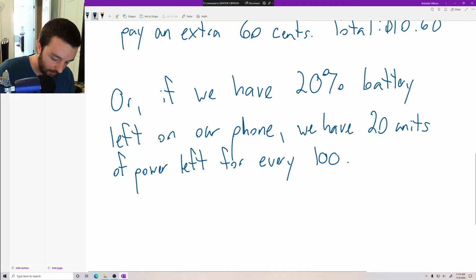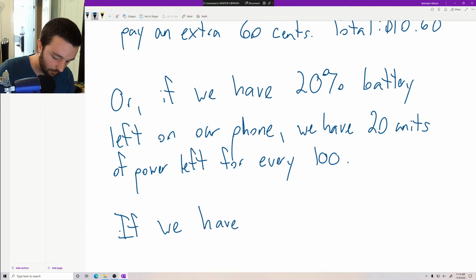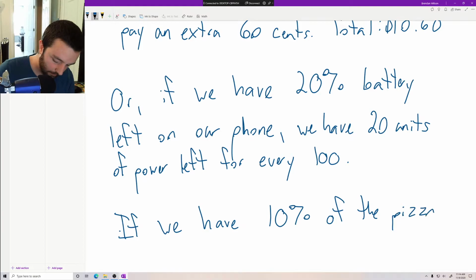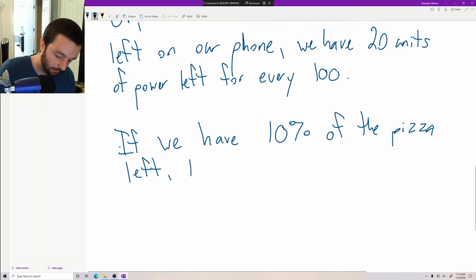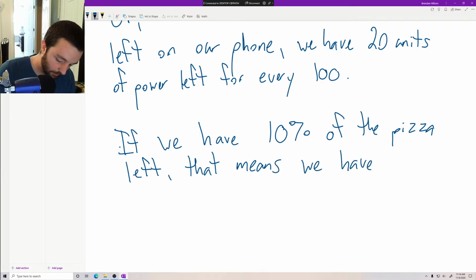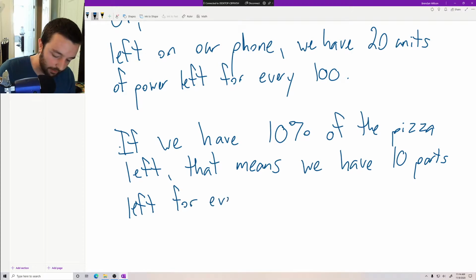Or for an even simpler example, if we have 10% of the pizza left, it means we have 10 parts left for every 100 left.